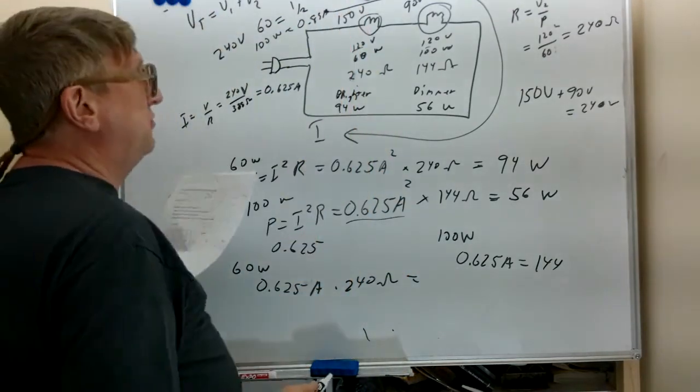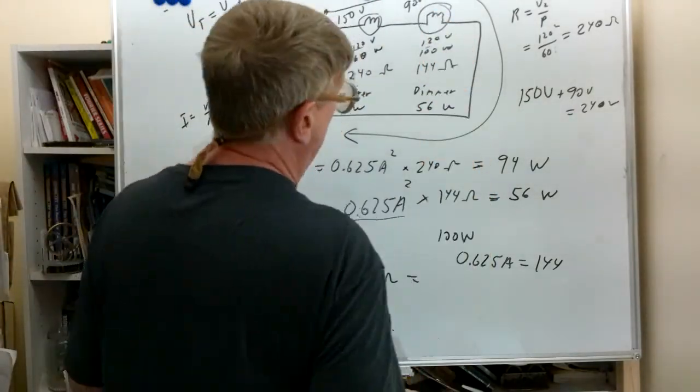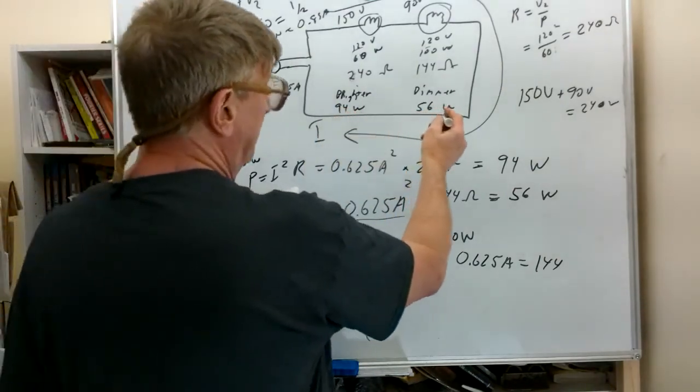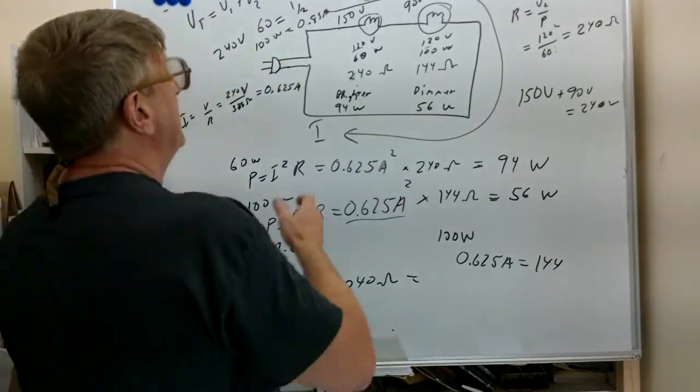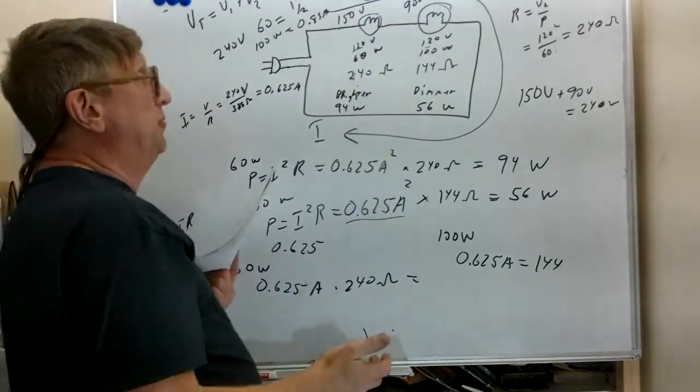So the 60 watt light bulb ends up with excess current. The 100 watt light bulb ends up with not enough current. This is why we get the more wattage here and the less wattage here. Why we end up overheating and burning out the 60 watt light bulb probably pretty quickly.